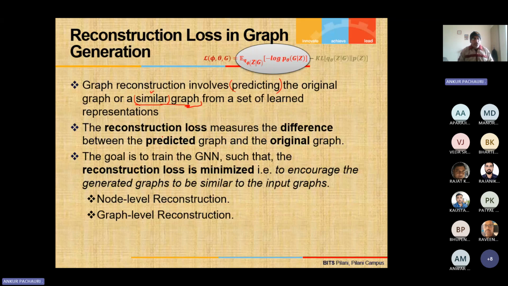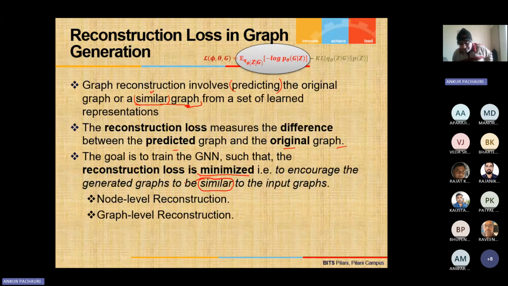The reconstruction loss measures the difference between the predicted graph and the original graph. Difference in a graph is not just subtracting one value from another; it's not a direct activity. The goal is to train the GNN, graph neural network, such that the reconstruction loss is minimized, to encourage the generated graph to be similar to the input graph.